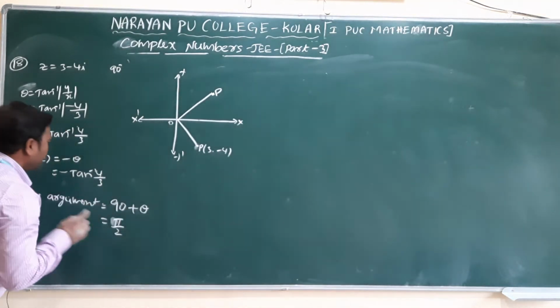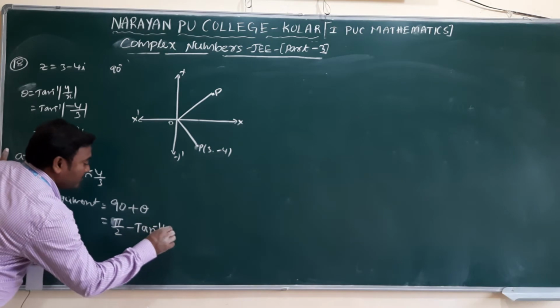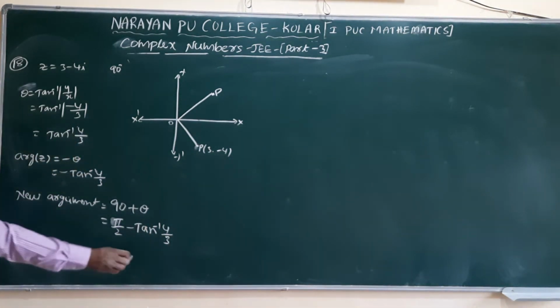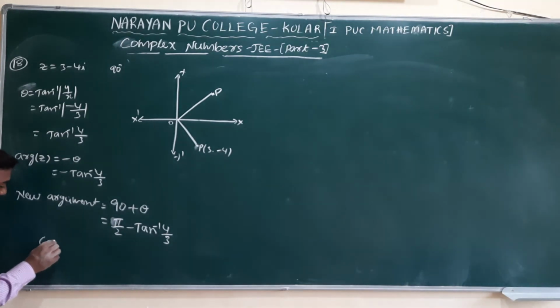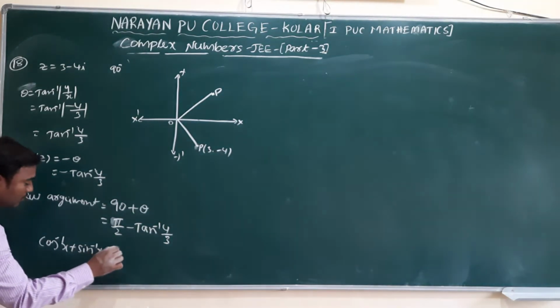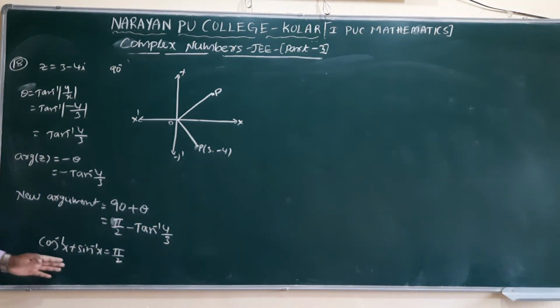So the argument is pi by 2 plus theta, where theta is minus tan inverse of 4 by 3. So we know one condition here: cos inverse of x plus sin inverse of x is equal to pi by 2. We will study it in second year in inverse trigonometry.